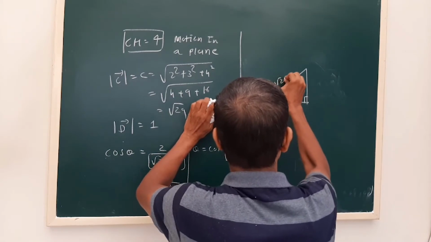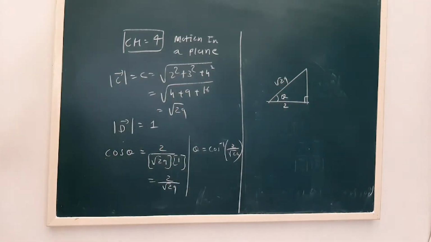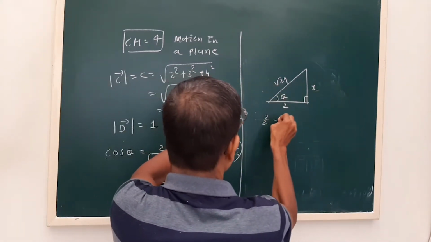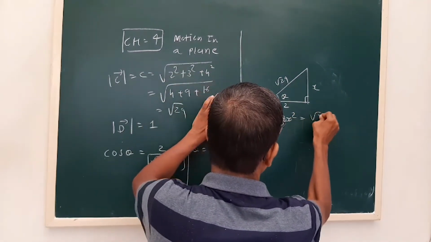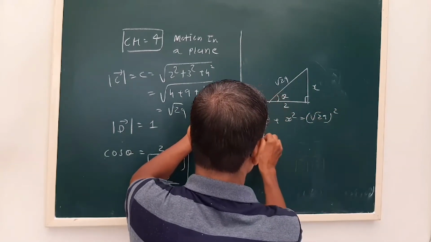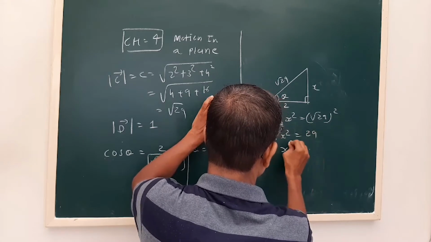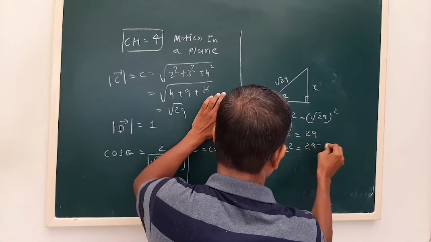So the hypotenuse will be root 29. Suppose it is given in the form of sine, let the opposite side be x. So 2 square plus x square will be root 29 whole square. 4 plus x square is 29, x square will be 29 minus 4.